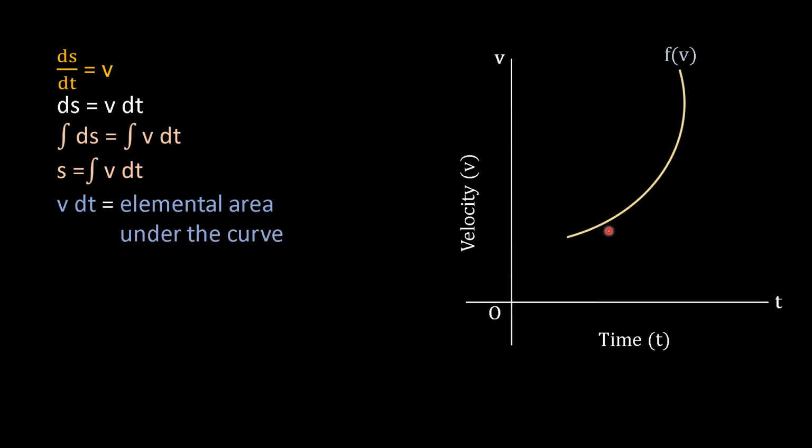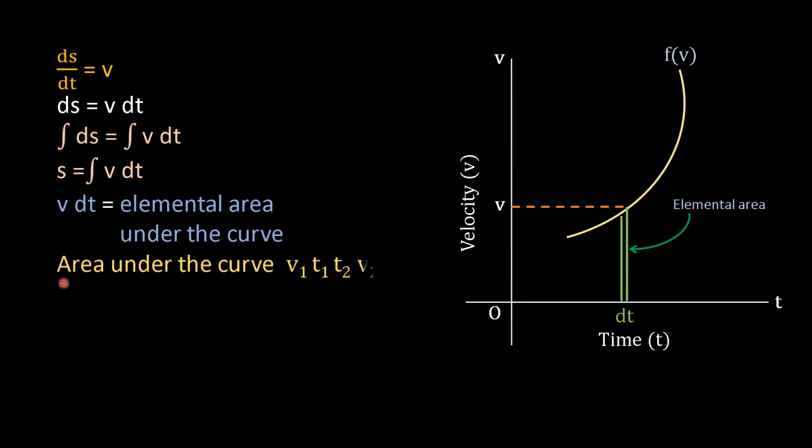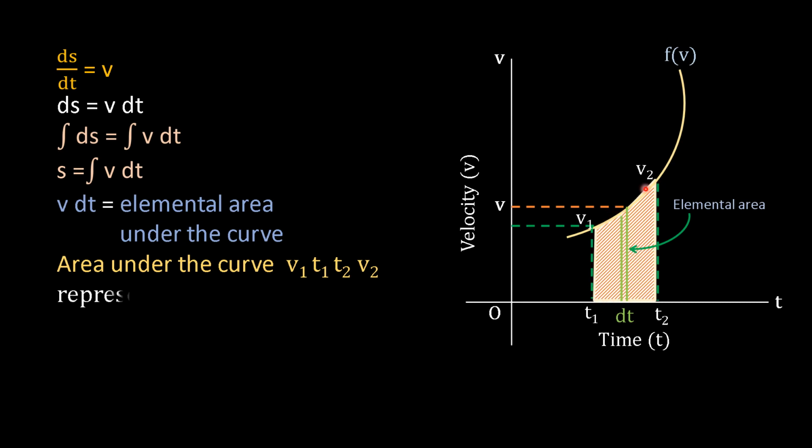So this is the velocity curve, and v dt, this area represents the elemental area. Area under the curve between v1, t1 and t2, v2, which is this area, represents displacement s. So this area represents displacement s.